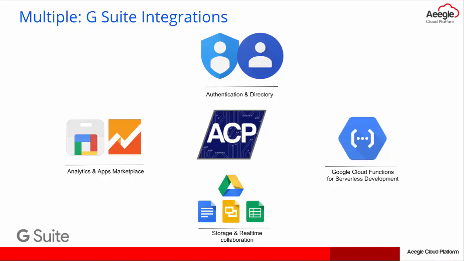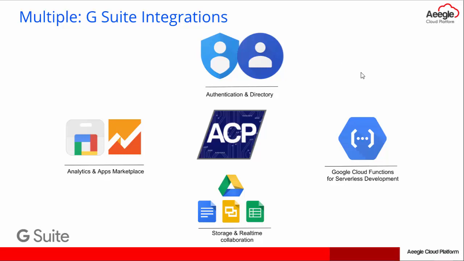Then we have also that ACP is integrated with Analytics and Apps Marketplace. ACP is integrated with Google Drive, Google Sheets, Docs and Slides for real-time collaboration. And then at last, ACP integrates with Google Cloud Functions, and that is for serverless development in the case that you want to connect ACP with an external system or application.